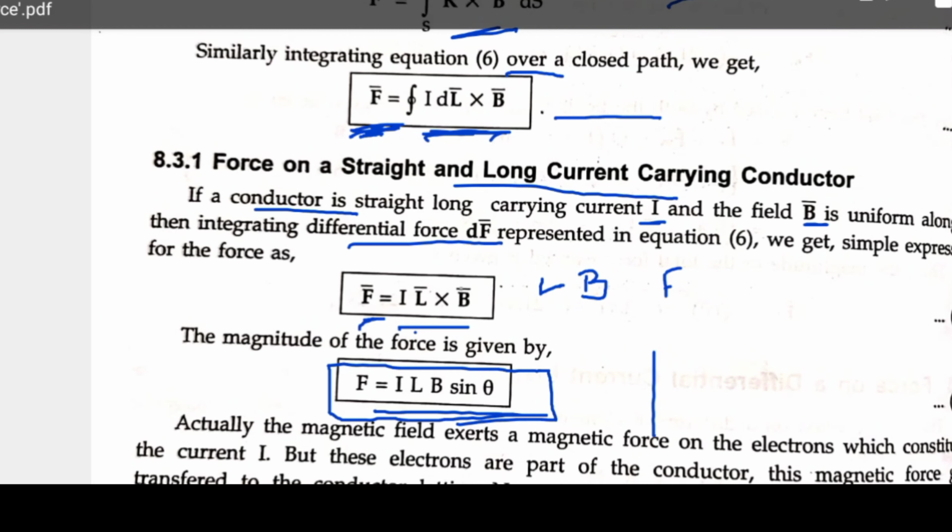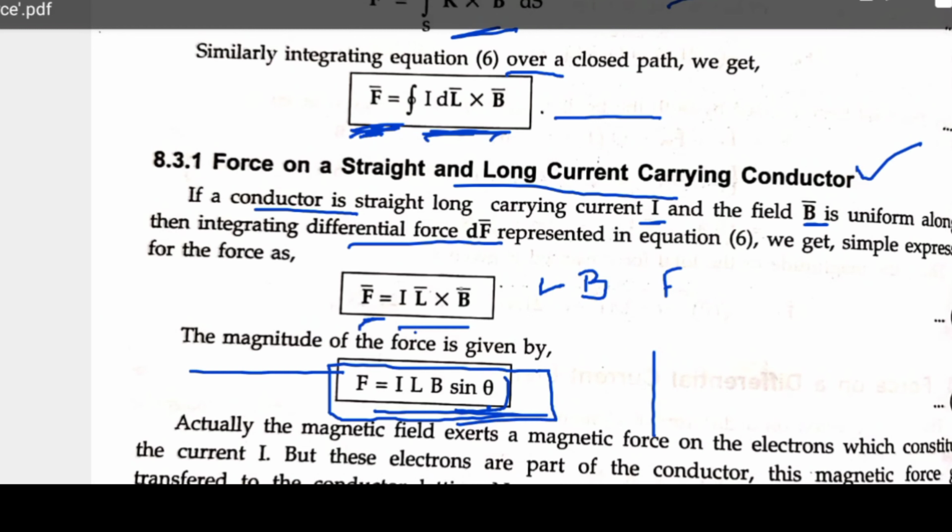Therefore, the magnitude of the force is given by F equal to BIL sin theta. If you remove the cross product, we have to multiply with sin theta, or if you remove the sin theta, we have to do the cross product. This is the force on a straight and long current carrying conductor.